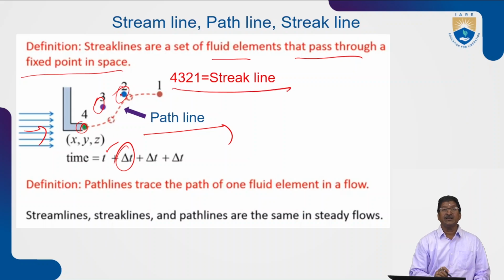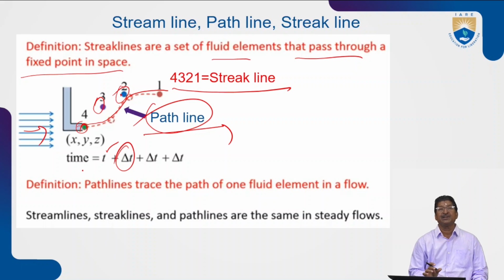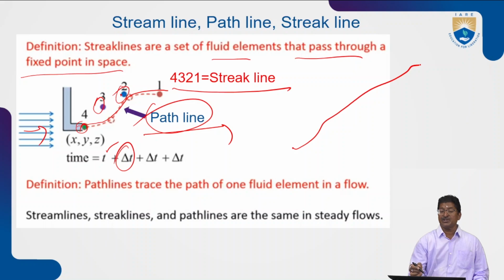So that is called a streak line here. And if any path traces a single point, that is called a path line. So what is the difference between a streak line and a path line? A path line means it is a single element, a single particle of fluid. That particle will travel as per its properties.